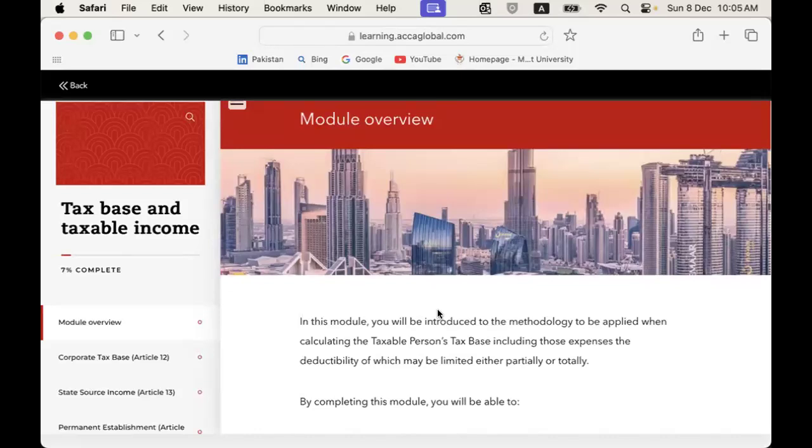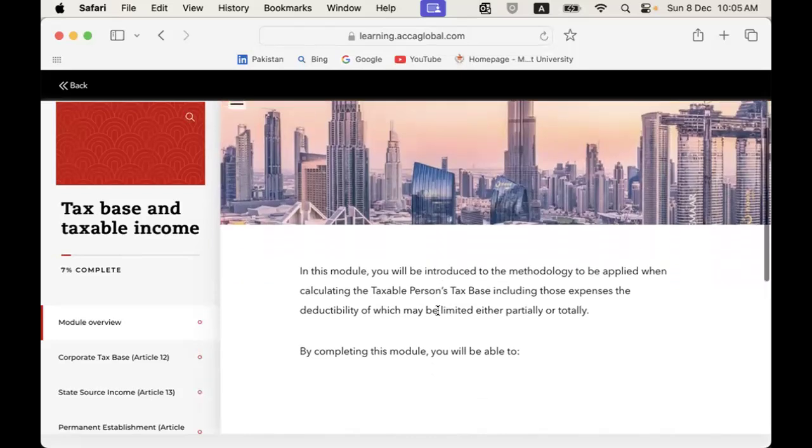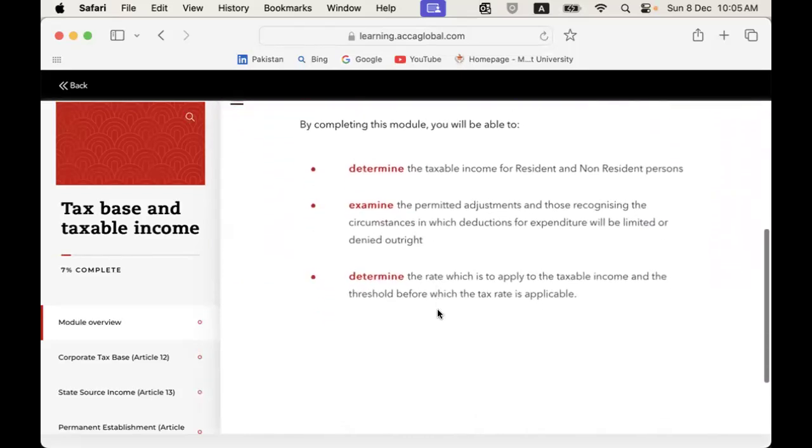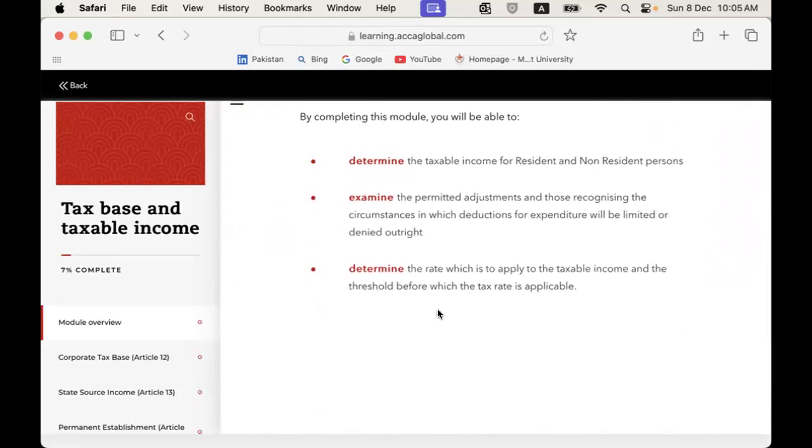Today we are going to study tax base and taxable income. Just to clarify, when you use the word tax base, you're referring to the amount of your income which is taxable, and on which the rate will be applied.